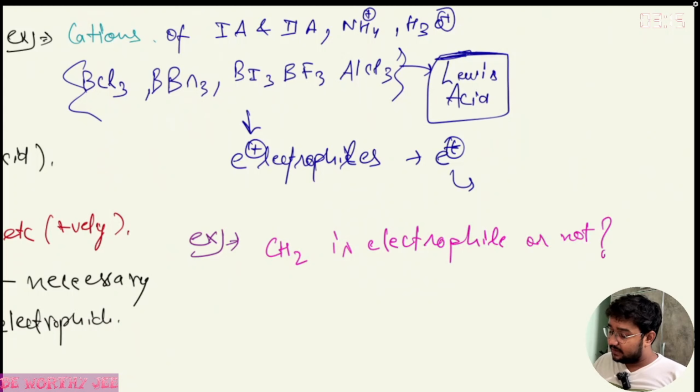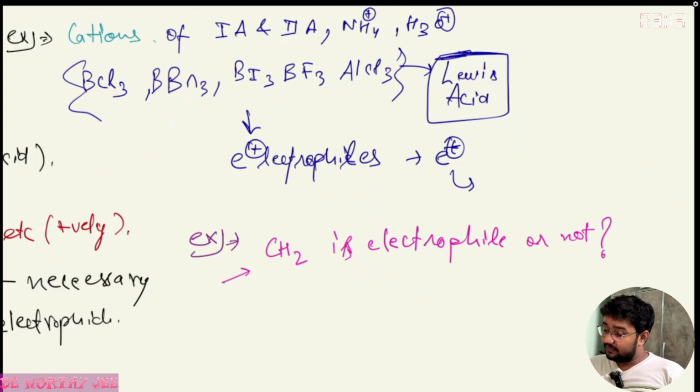Just think and tell me whether it is an electrophile or not. Those who say CS2 is an electrophile, because these want what? There is no positive charge here.